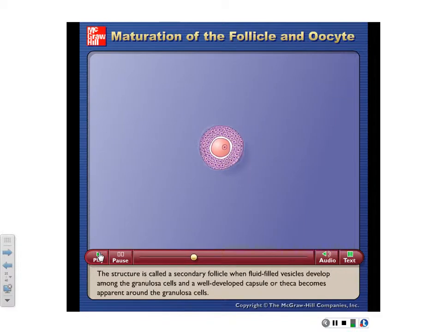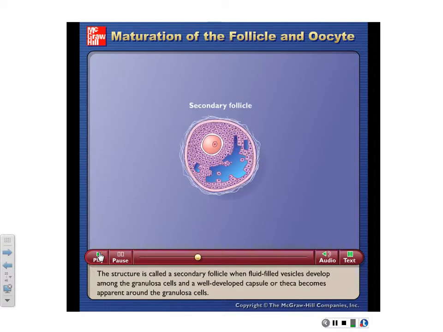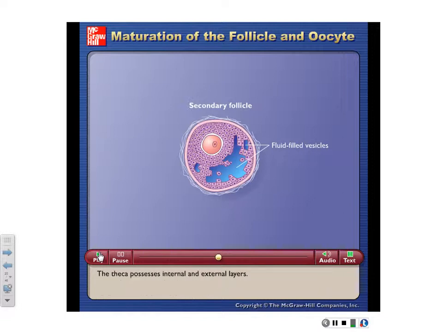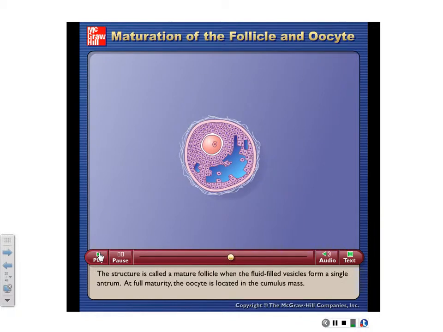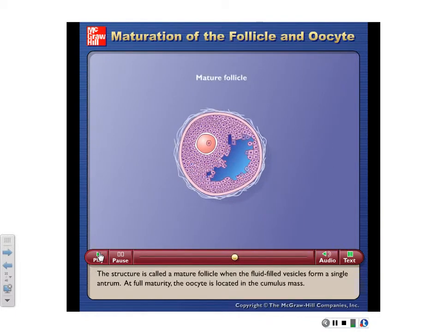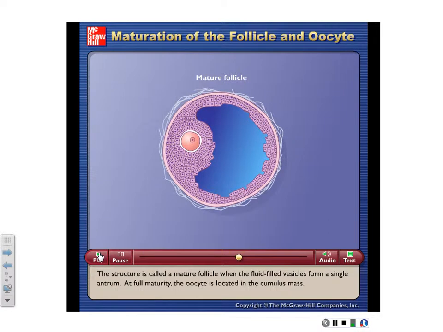The structure is called a secondary follicle when fluid-filled vesicles develop among the granulosa cells and a well-developed capsule, or theca, becomes apparent around the granulosa cells. The theca possesses internal and external layers. The structure is called a mature follicle when the fluid-filled vesicles form a single antrum.